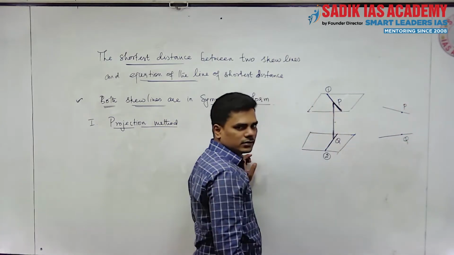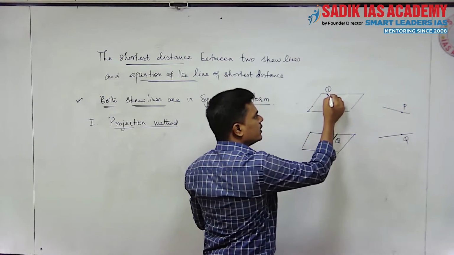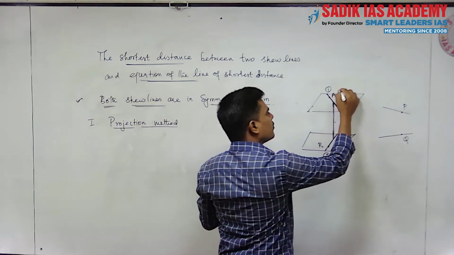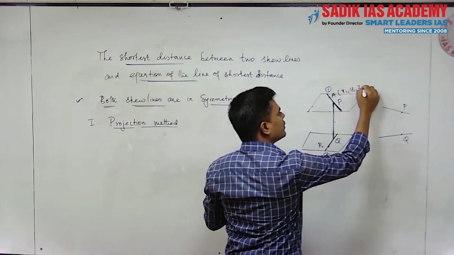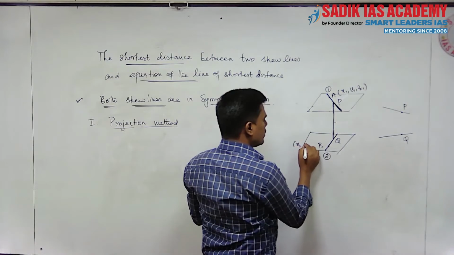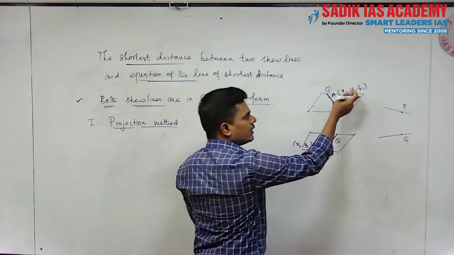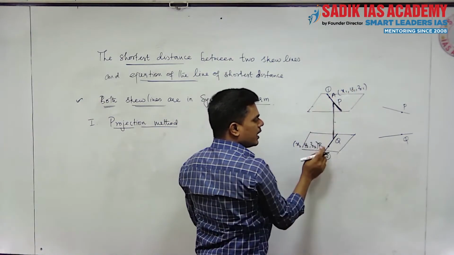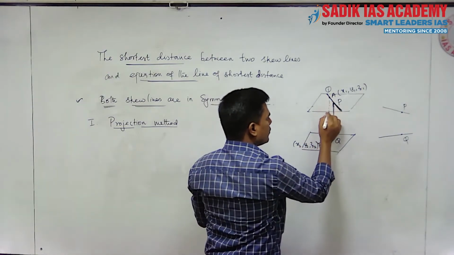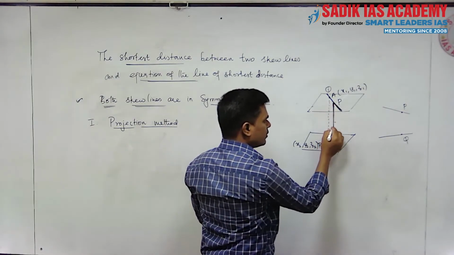We will take that the line is passing through the points A and B, whose coordinates are x1, y1, z1 for A and x2, y2, z2 for B. This line is passing through the point A, and this line is passing through the point B. If I join them, I will get a line. I want to find this length only.